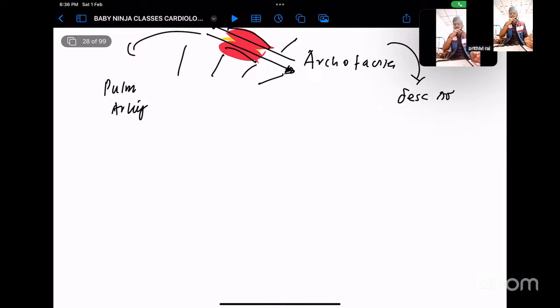Another one is the drug which you use for any suspected congenital heart disease in a neonate, your prostaglandin, because you know in utero there is prostaglandin E2.